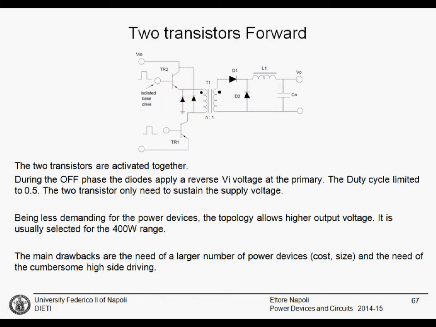In this two-transistor forward, the two transistors need to be activated together. They are on at the same time. When both devices are on, the current flows from Vin to transistor 2, through the primary winding and through transistor 1.